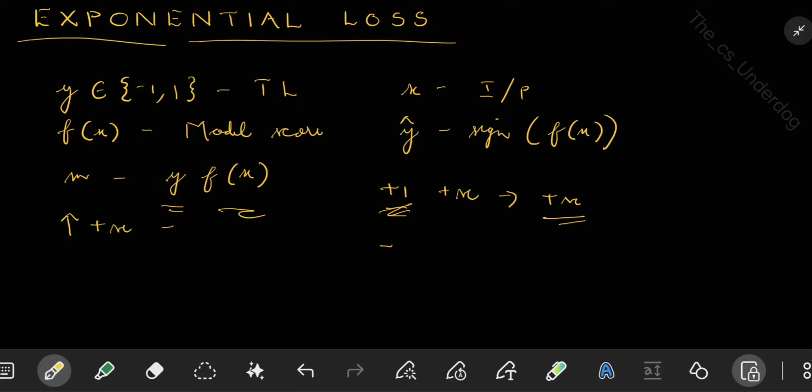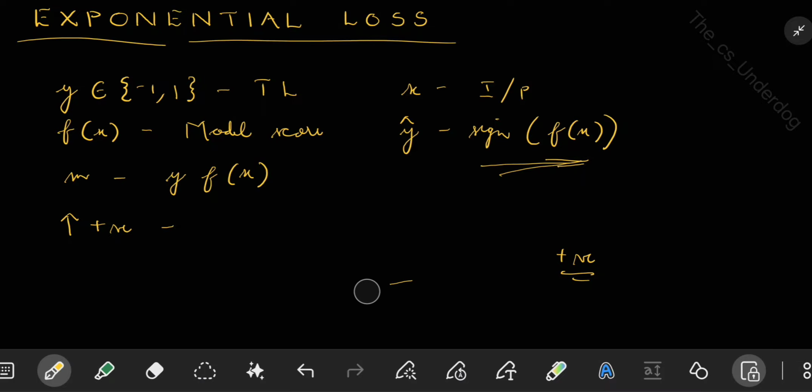Let us say the true label is minus 1. Then ideally your f of x should be a negative value, which means sign of f of x will be minus 1. That is the actual class that is required here. That means minus 1 should go with a negative value of f of x. That will again give you a positive value of margin. This value m will be positive because it is y into f of x.